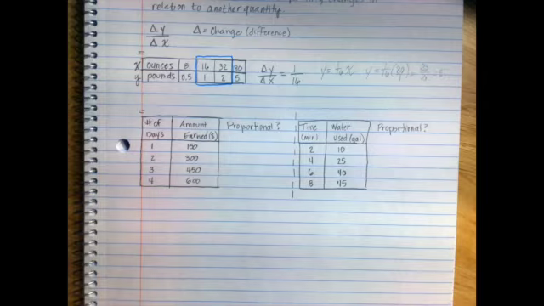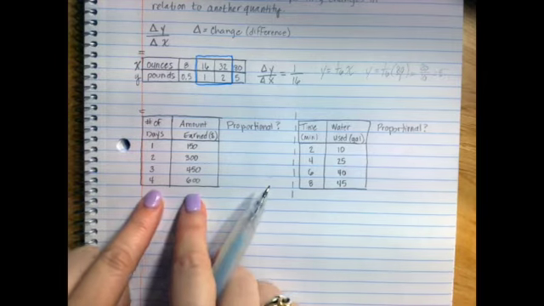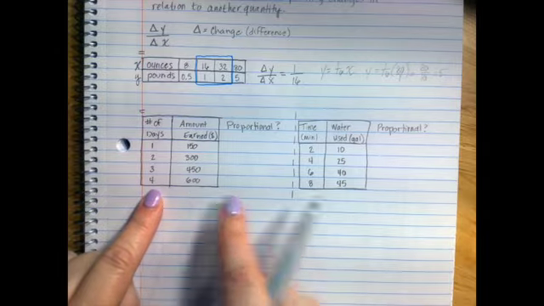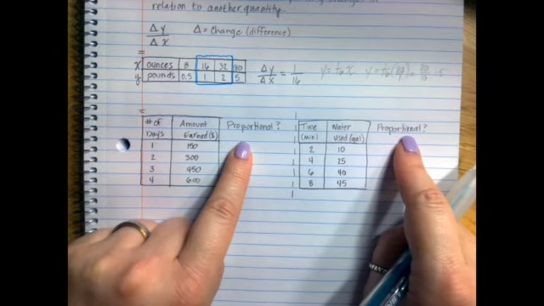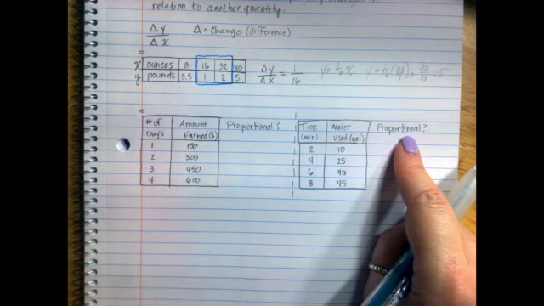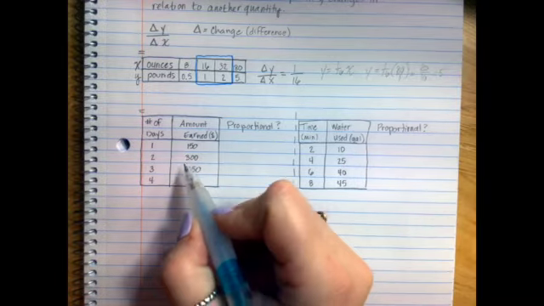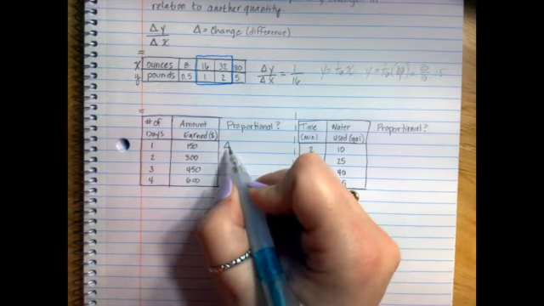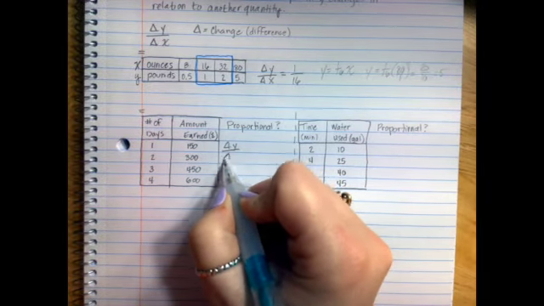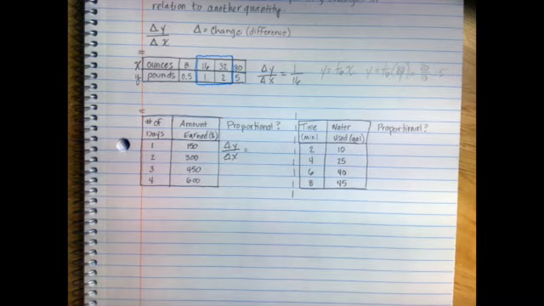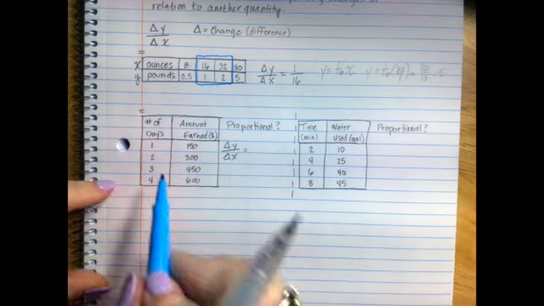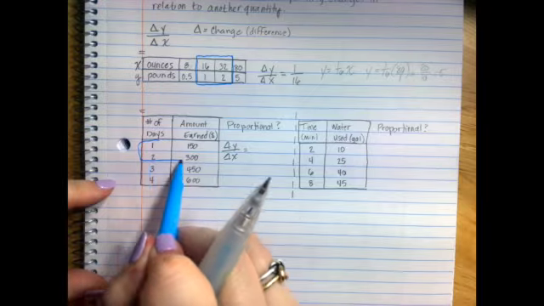So what does all this mean? We need to see if this relationship is proportional, so we need to find the constant rate of change. I will do the change in y over the change in x. I'm going to choose those two.